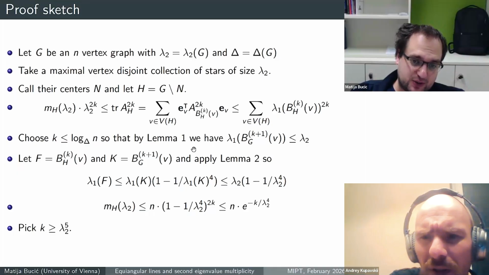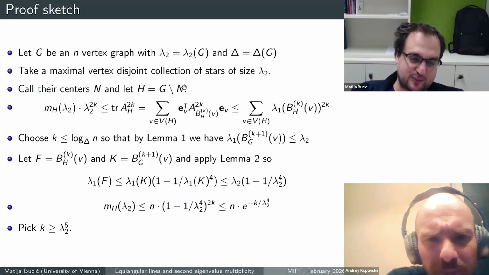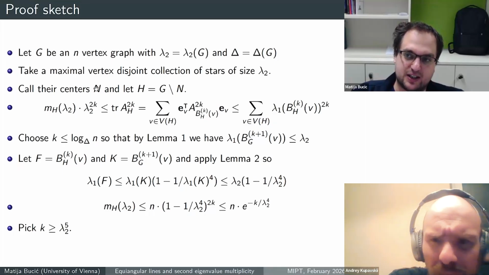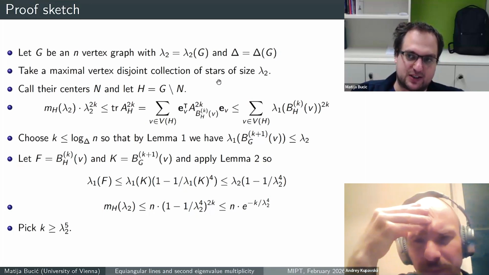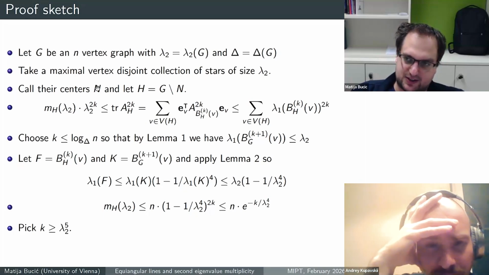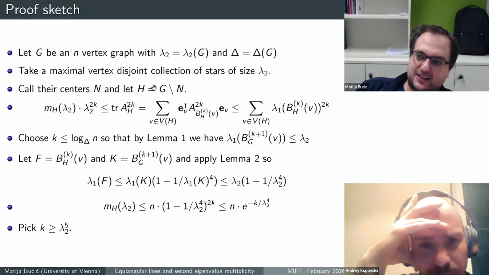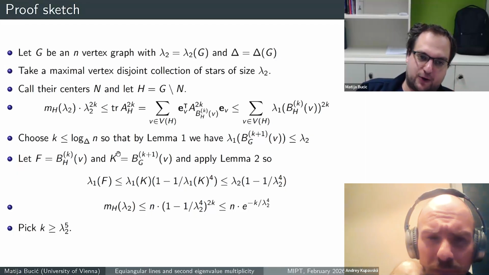So we are using it so that we can apply lemma 2, but it's not quite that we get degrees small, because we can only afford to delete the centers, not the whole stars. Right? I can only afford n plus 1 vertices. So I'm only deleting the centers. So the leaves still remain, but I'm claiming these leaves will be in the boundary of this graph F compared to the graph K.